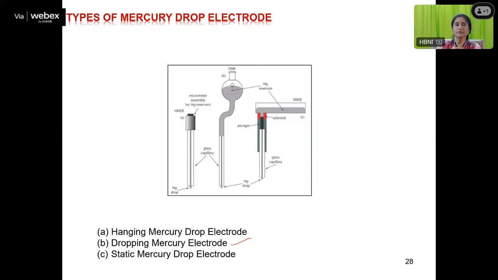Then again a drop will form, and when it attains a particular size, the measurement will happen, and again it will fall by some physical impact. So that's the static mercury drop electrode. All these three electrodes have different applications, and you can use them depending on your analytical problem.